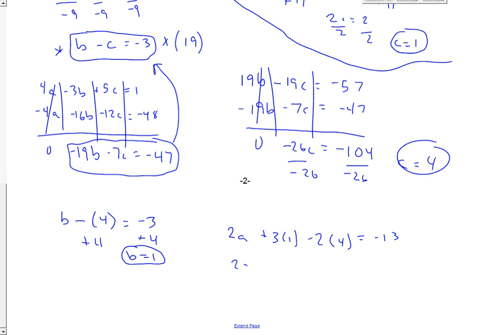So that's 2a plus 3 minus 8 equals negative 13. So 2a minus 5 equals negative 13. I add the 5. That gives me 2a equals negative 8. When I divide by 2, I get a equals negative 4.